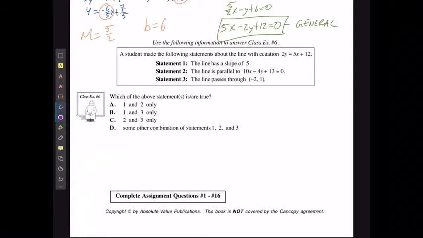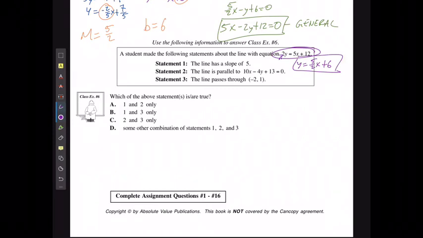Well, if I'm going through and looking for the true statements for what I see here, the first thing I'm going to check is what is the actual slope in this case. Well, I see that I have a 2 beside the y, so I'm going to divide everything by 2, and this equation is actually going to become y is equal to 5 over 2x plus 6.